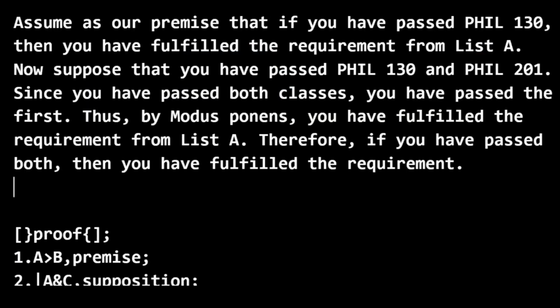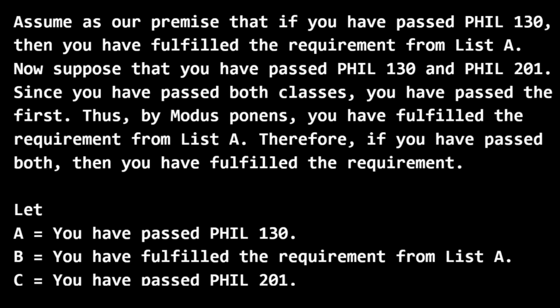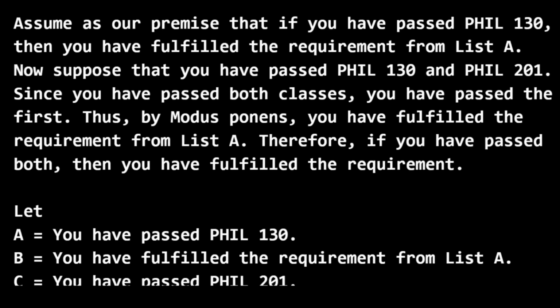Okay, so we're gonna say let A equal you have passed philosophy 130, let B equal you have fulfilled the requirement from list A, and let C be you have passed philosophy 201.